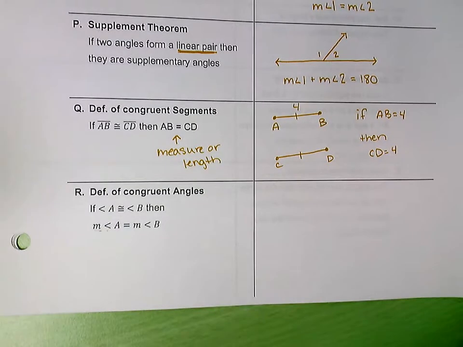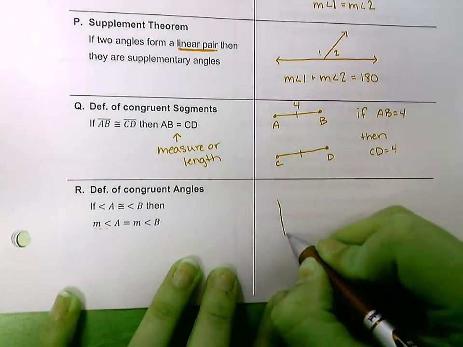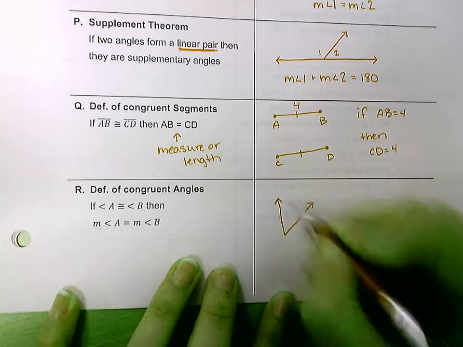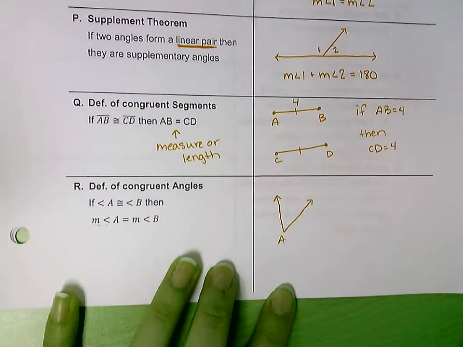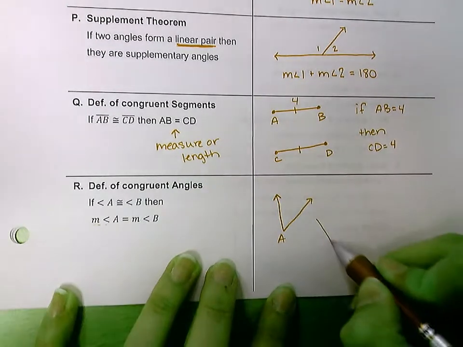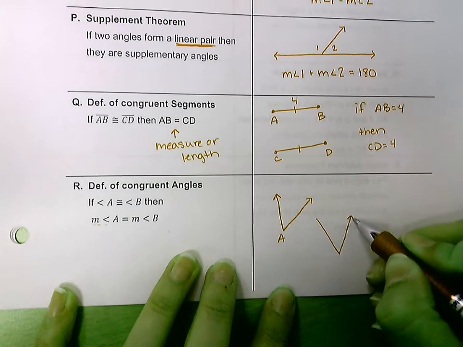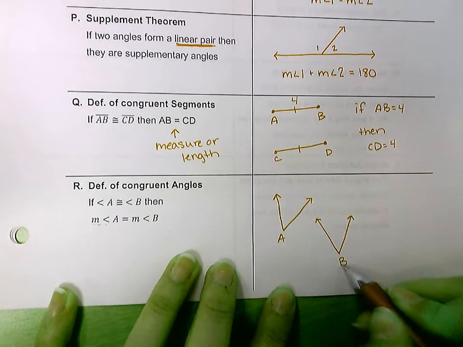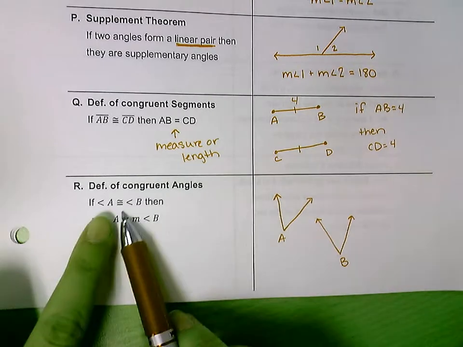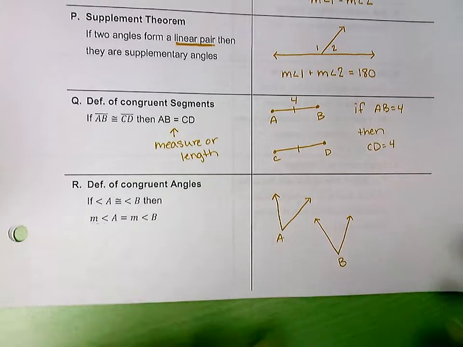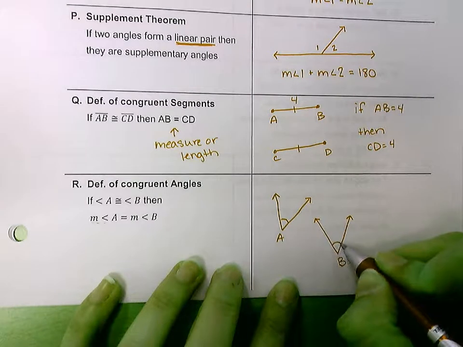Okay, so if I have angle A and angle B, and we were given that those two angles are congruent, I'm going to label those congruent.